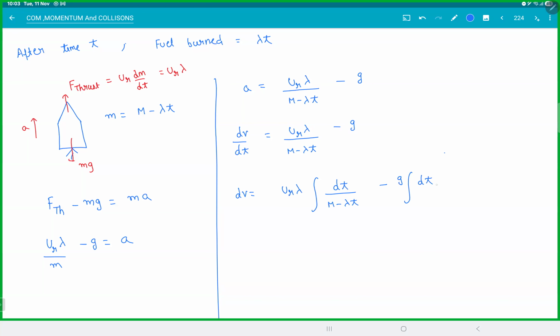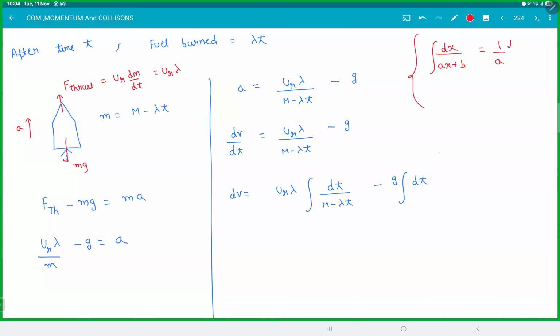dt. Hope you remember this integration. You have integral of dx by ax plus b is 1 by a ln ax plus b. I told you this is important, keeps coming a lot.